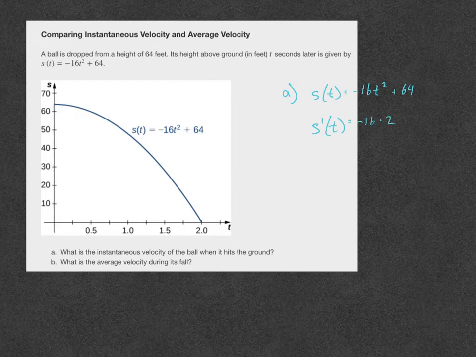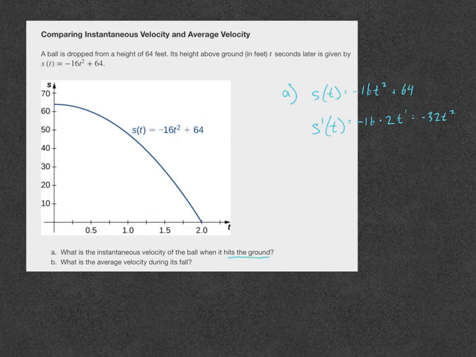The 2 comes down, t to the first power. You don't have to write that 1 anymore once you get the hang of this. And if you jump right to negative 32t, that's also good. The derivative of 64 is 0, so we have negative 32t. Okay, there's our derivative, and that's our instantaneous velocity. Going back to the problem, when it hits the ground.